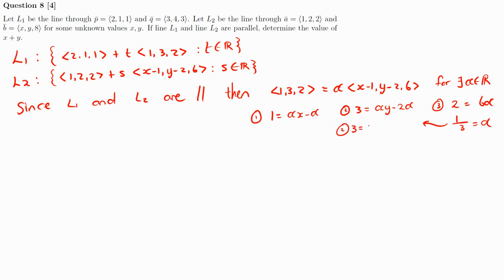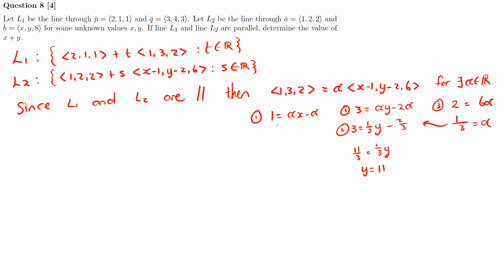So 3 is equal to 1 over 3 Y minus 2 over 3. And then we can actually calculate our Y. So if you say 3 plus 2 over 3, we have 11 over 3 is equal to 1 over 3 Y. And if you multiply both sides by 3, we actually get our Y as 11. Okay, so our Y might be 11.